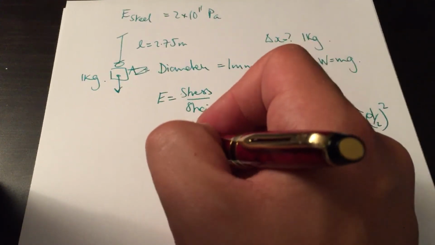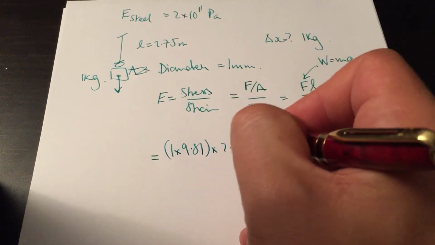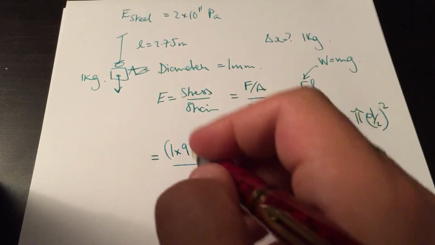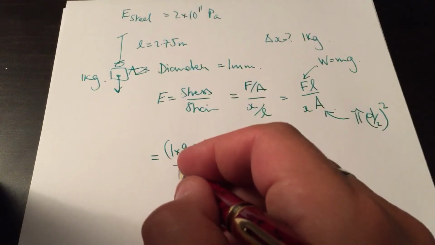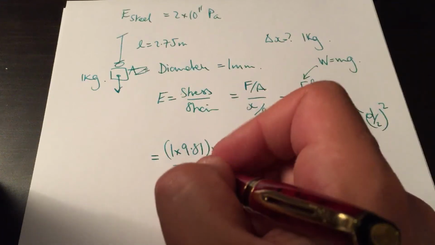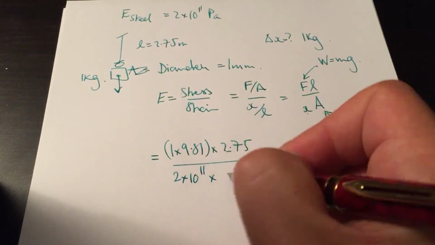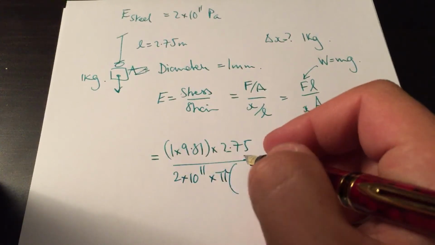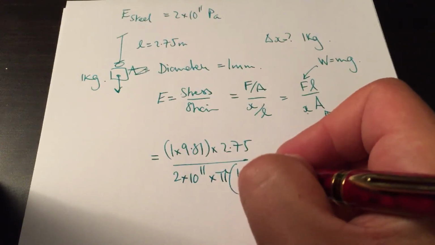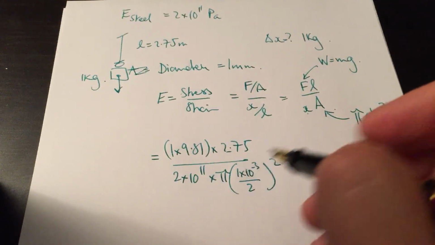Let's plug it all in then. So 1 times 9.81, giving us the weight, by the original length 2.75, all divided by the extension, which is unknown. So let me put the extension up there in Young's modulus down there. So let's put in Young's modulus 2 times 10 to the 11 by pi. We are 1 millimetre, so that's 1 times 10 to the minus 3 metres, divided by 2, square that up.